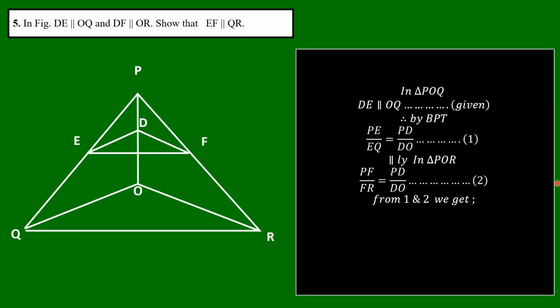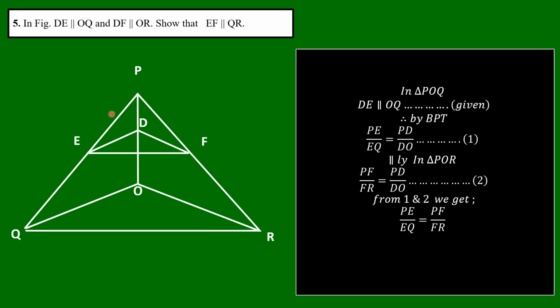So from first and second equation, what do we get? We get that PD upon DO is equal to PE upon EQ as well as PF upon FR, right? Both these things are equal to the same thing, so these two will also be equal to one another. Means we get PE upon EQ is equal to PF upon FR.